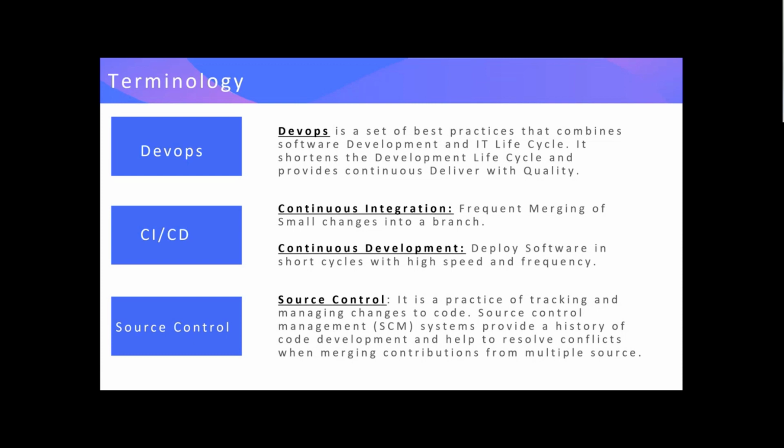Source control is the practice of tracking and managing changes in the code. There are different SCM systems like GitHub or Azure DevOps, and they help us maintain the code and all the development history, resolve conflicts, manage the cycles, and speed up your development. So these are the key technologies that you should know.